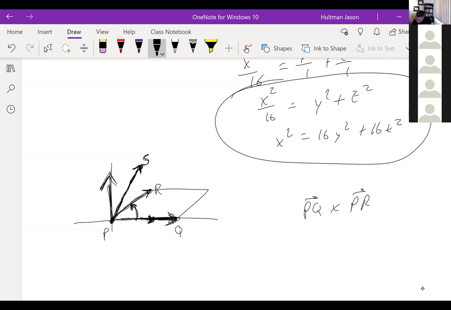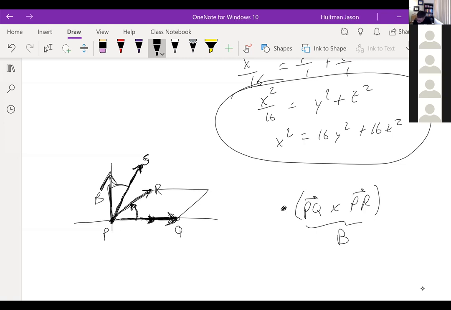Okay, but we're going to take that and we're going to dot it, right? I'll call this B for base. So if I dot this B for base with S, that'll give me the volume.